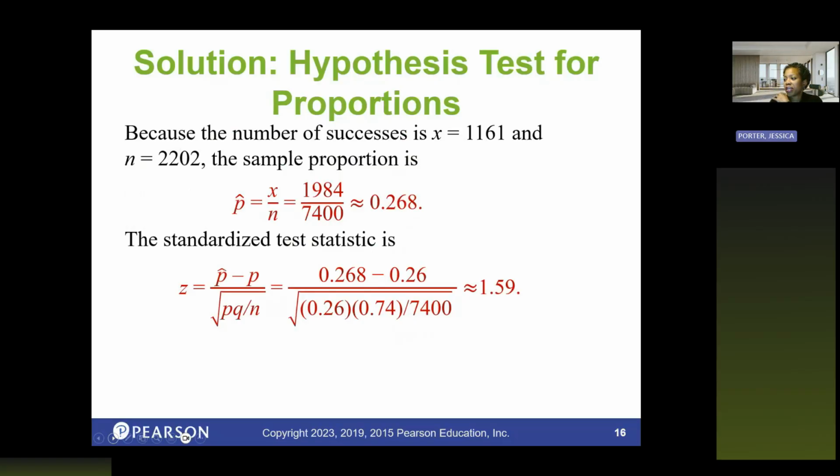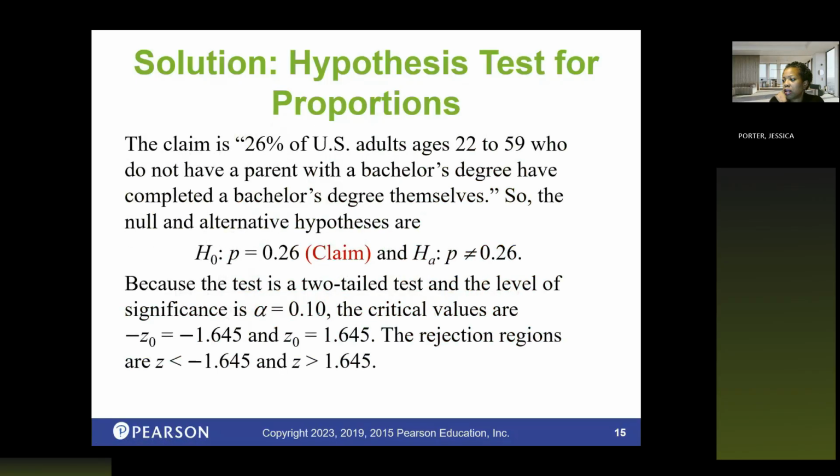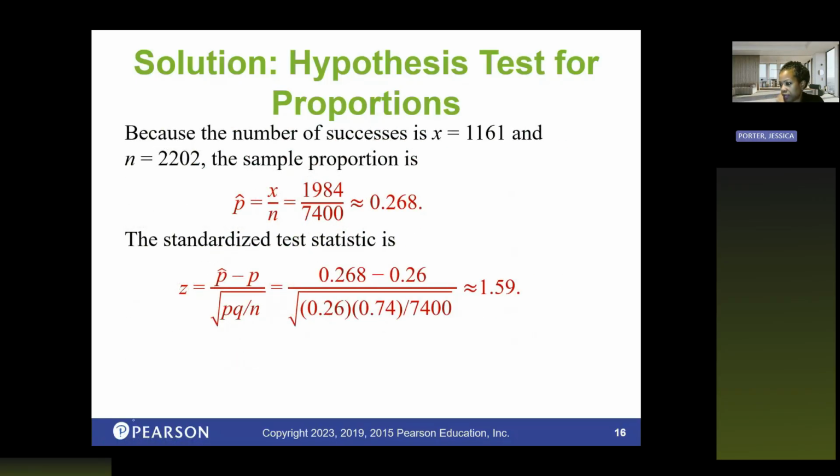We got our test statistic at 1.59 and our rejection regions at 1.645 and negative 1.645.